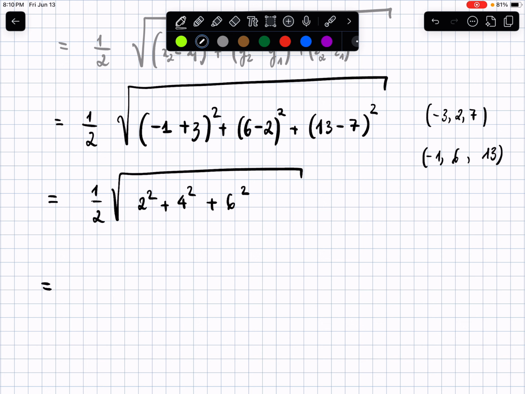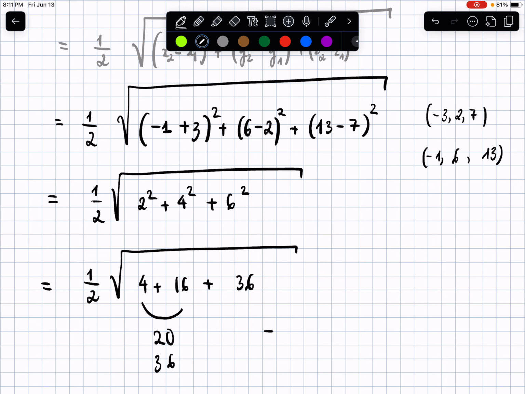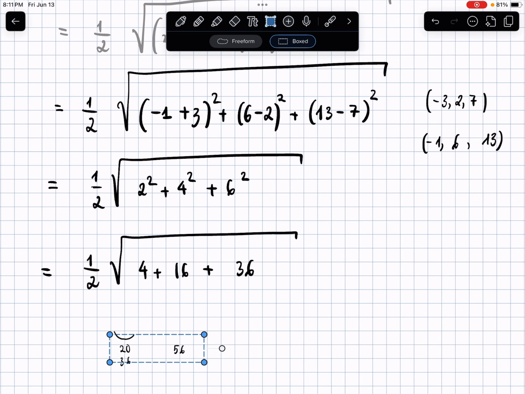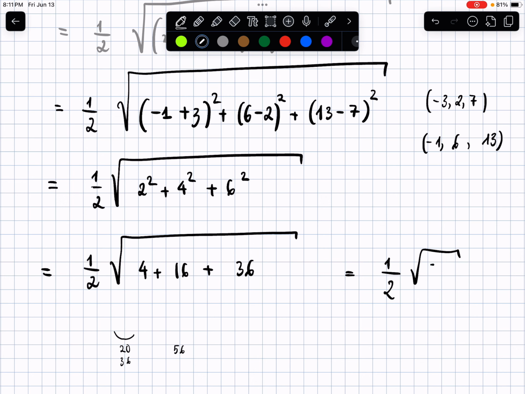So in our case, what do we have? 1/2 square root of 4, 16, 36. So this is 20, 36, so 56. So 1/2 square root of 56.